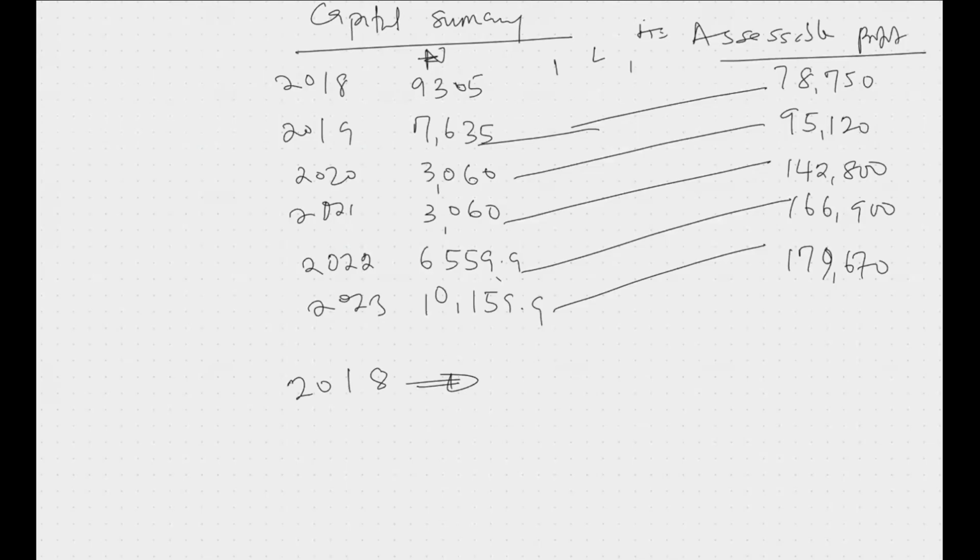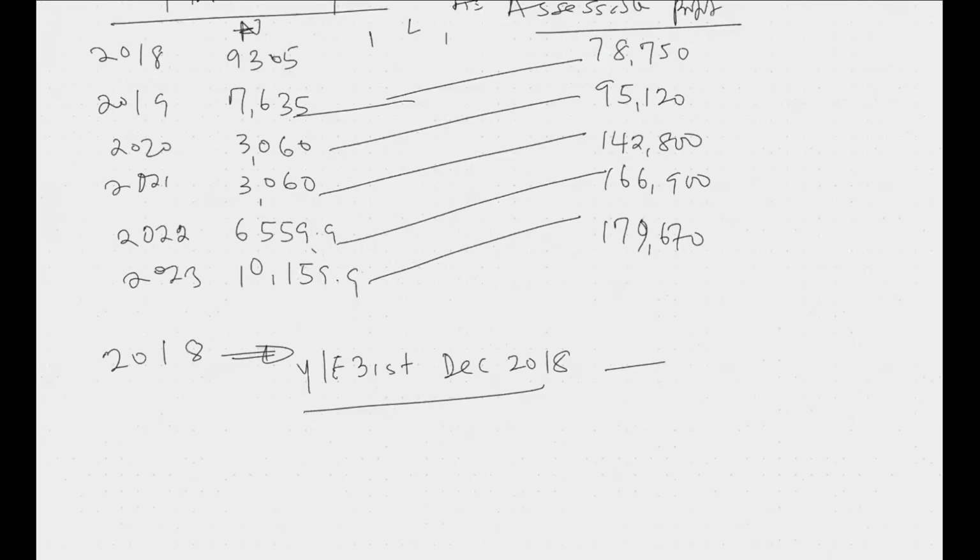That is year ended. If you are given year ended, that means this should be what? 2019 year of assessment. Yes, sir. What we are doing in our own computation, we are doing year of assessment, not year ended.